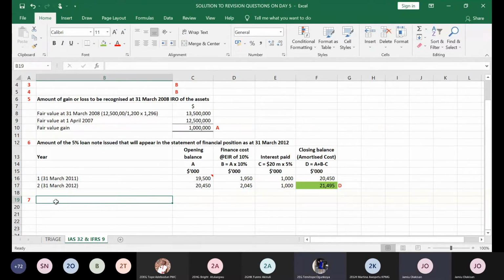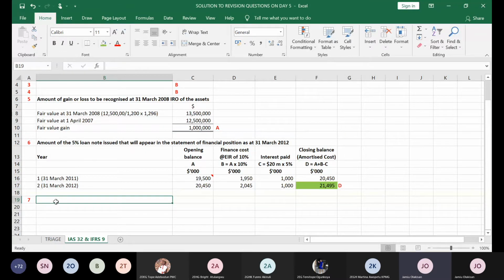You should rather do it, because if somebody stops in year one, you would think the correct answer is 2,450. But the examiner is not asking for year one, which is 2011. It's asking for year two, which is 2012.